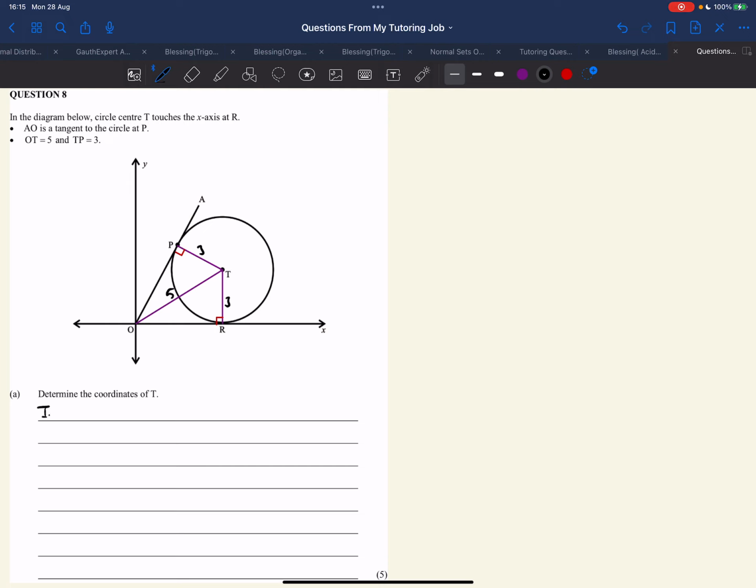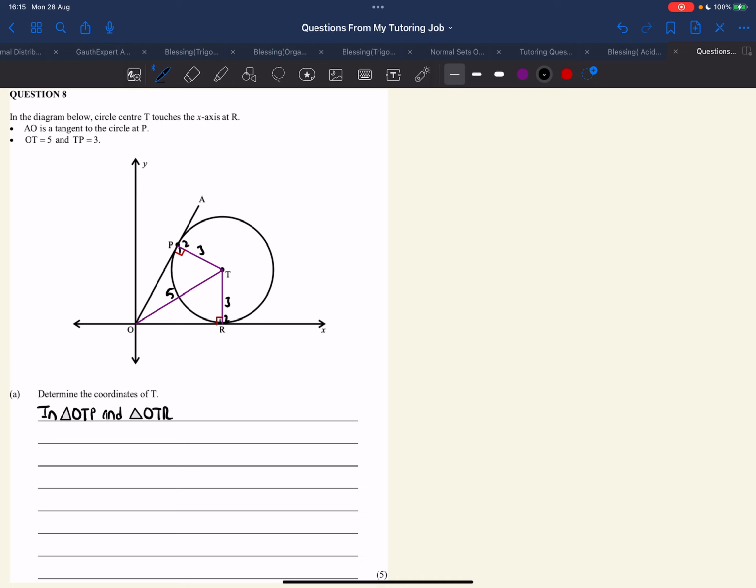So we're going to say that in triangle OTP and triangle OTR. OTR first. Let me call that angle P1, that P2, that R1, and let me call that R2.